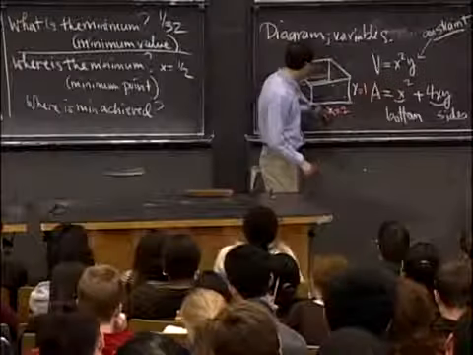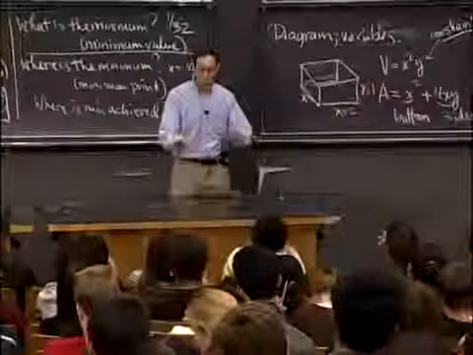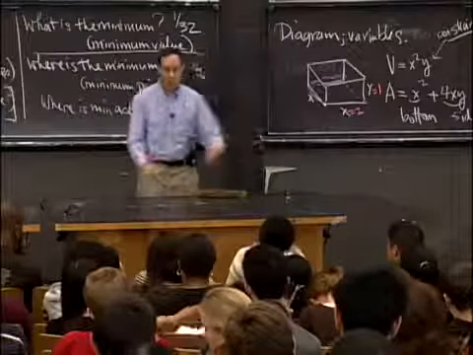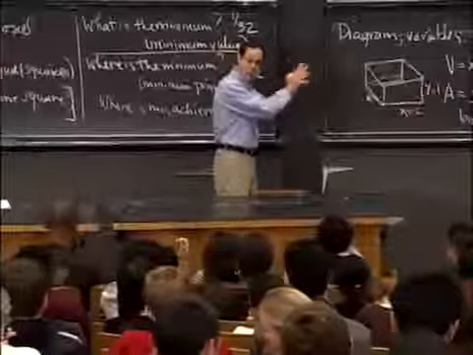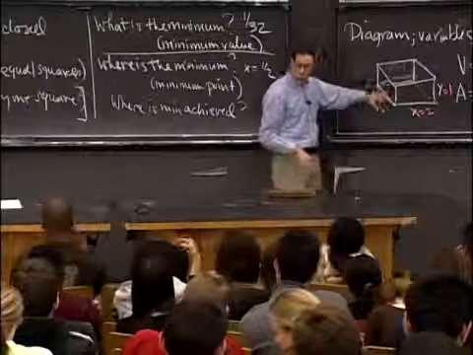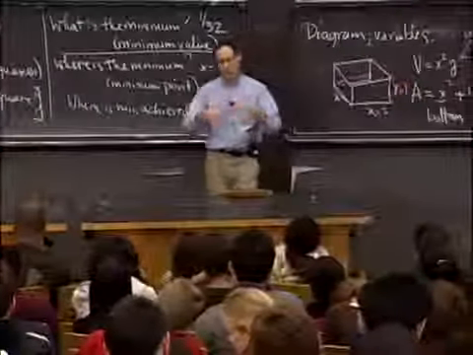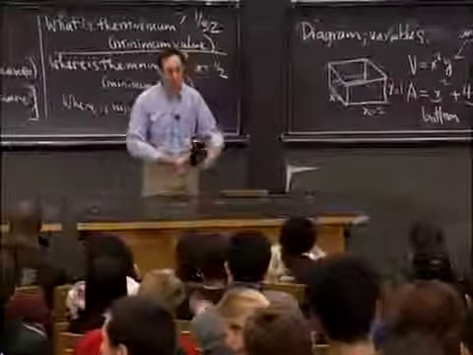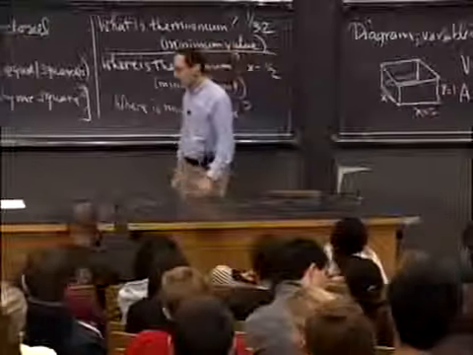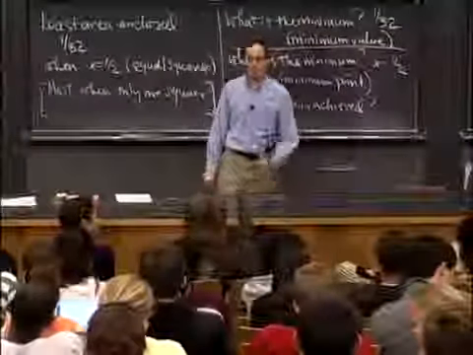You would have to have 3 letters here, an X, a Y, and a Z, if you like. And then you'd have to work with all 3 of them. All right? So I separated out into one. There's a separate one variable problem that you can do for the base. And then this is a second one variable problem for this other thing. And it's just 2 consecutive one variable problems that solve the multivariable problem. Or, as I say, in multivariable calculus, you can just do it all in one step. All right? Yeah?